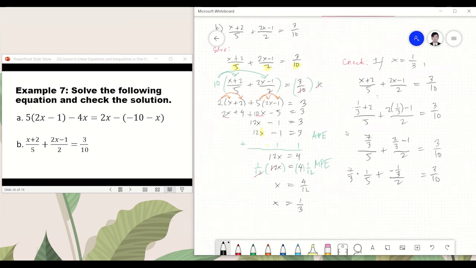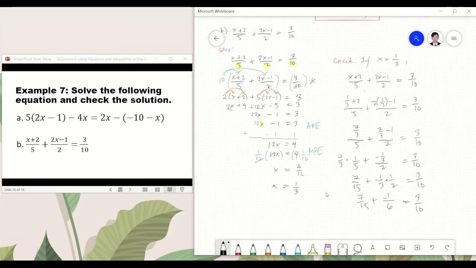So, 7 times 1, 7. 3 times 5, 15. Dito naman, negative 1/3, division, change it into multiplication, reciprocal of 2, 1/2. So, 7 over 15. So, negative 1 times 1, negative 1, 3 times 2, 6. Okay.